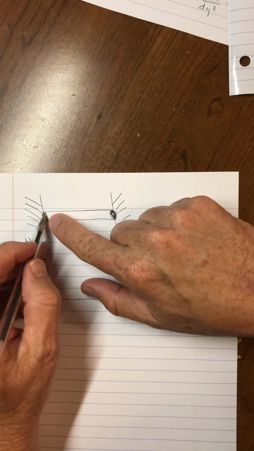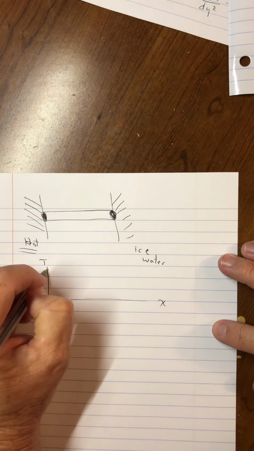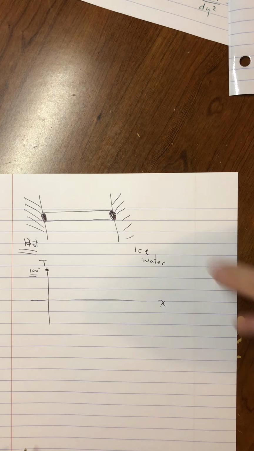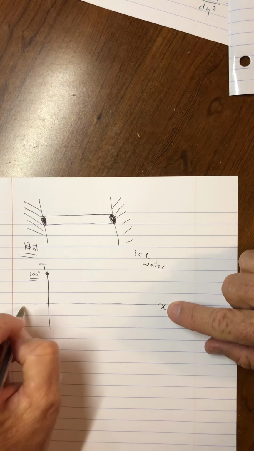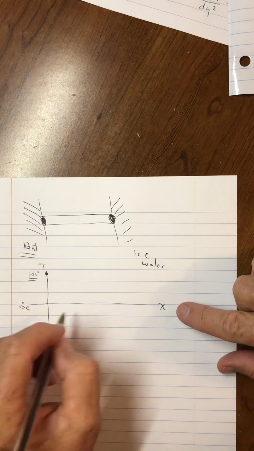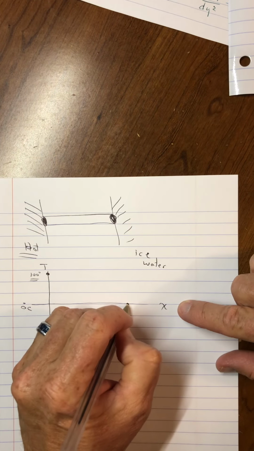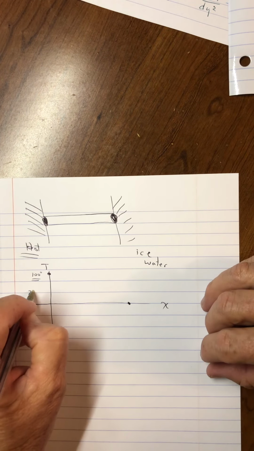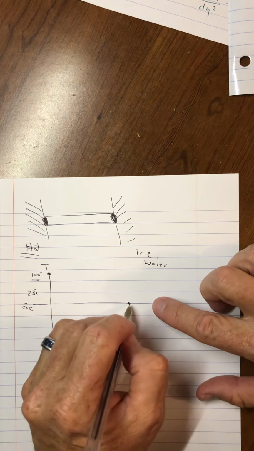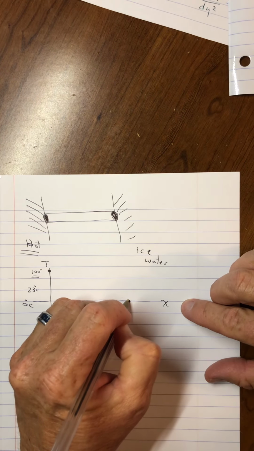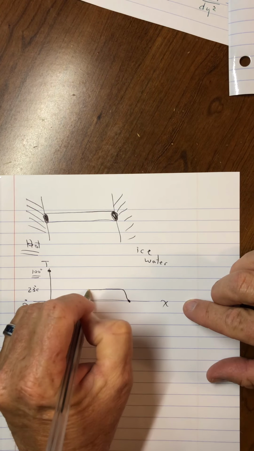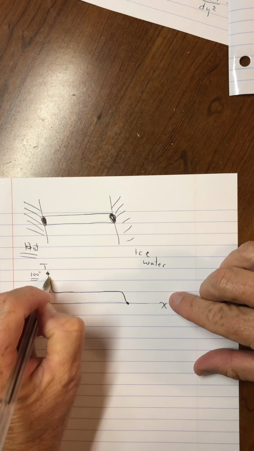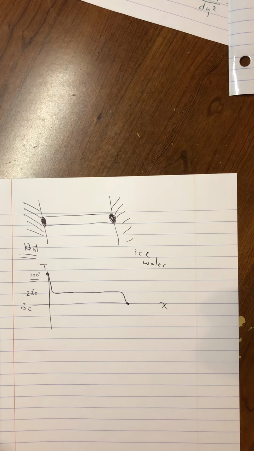I'll just say I make contact, and so that edge is way up here at boiling water, 100 degrees. And this edge is, say, at 0 degrees Celsius. Now, most of the rod is probably somewhere around 22, 23 degrees Celsius at room temperature. So the profile would quickly go and mostly remain at 23 and then shoot up to the boiling water. Okay.